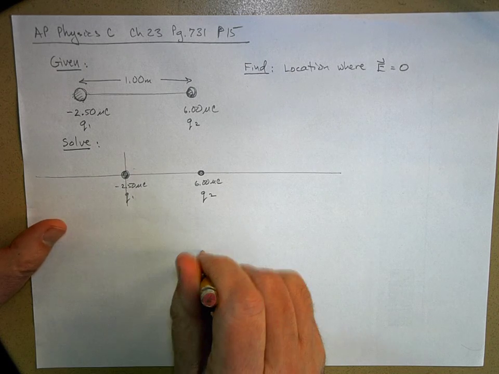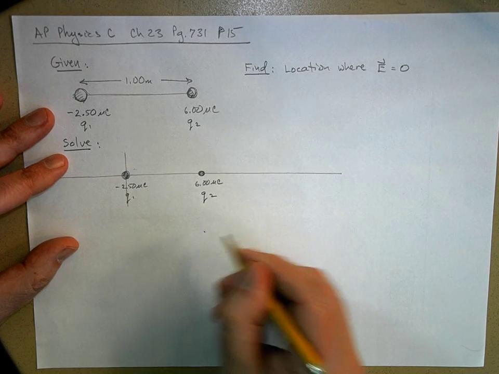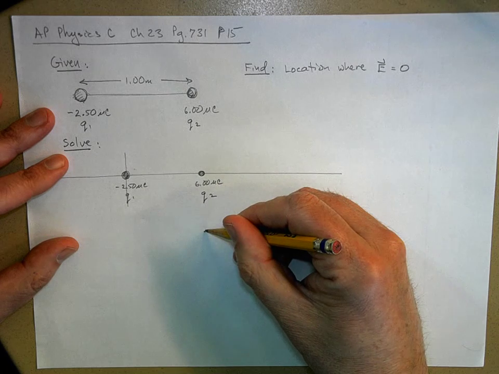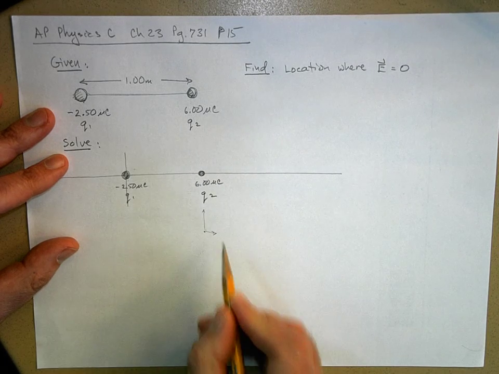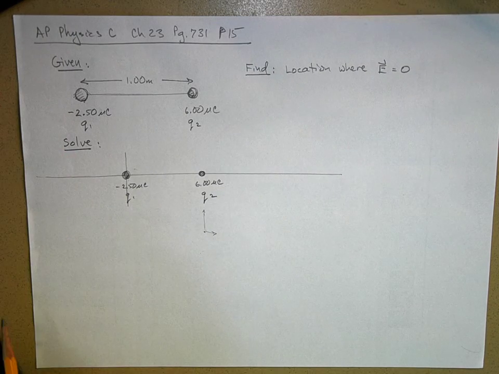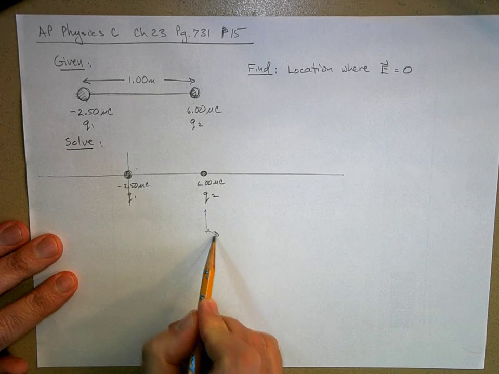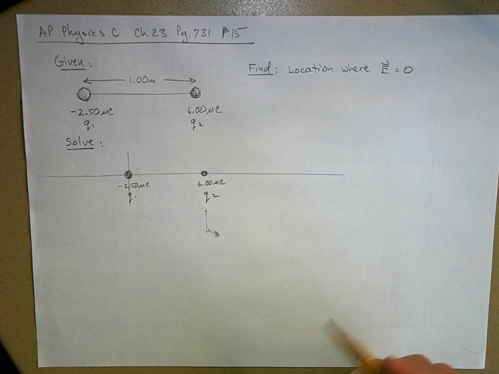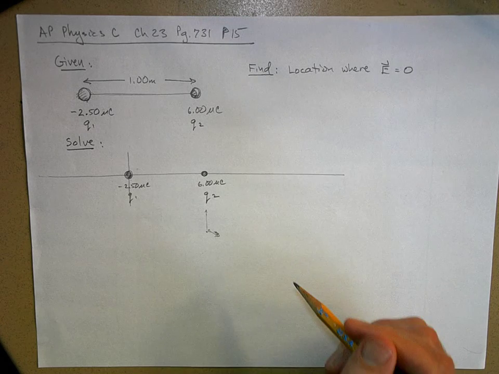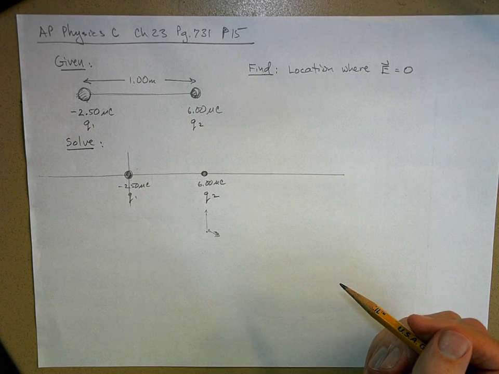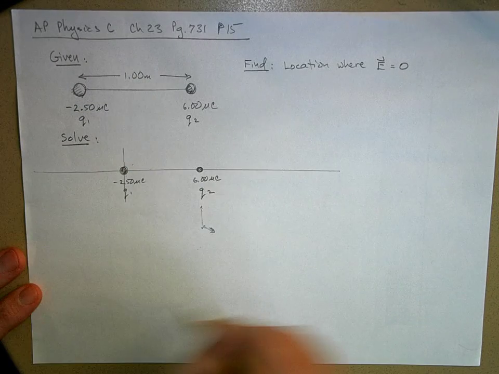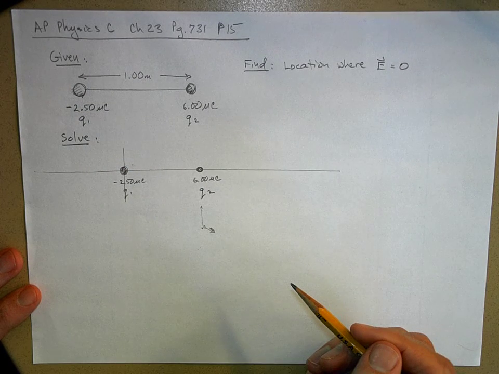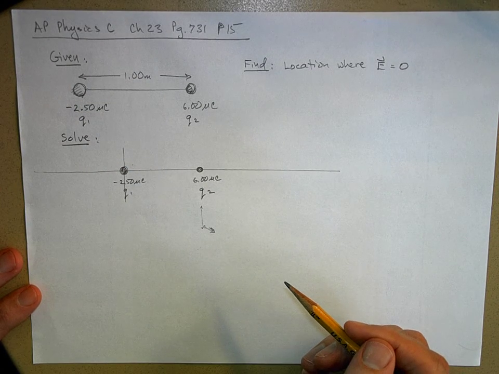If you're off here, a positive test charge will be attracted to this, repelled by this, and there's no way that these two electric field vectors can cancel each other. So anywhere, any region in space out here, the electric field is not going to be zero.